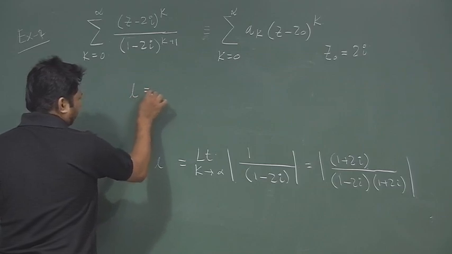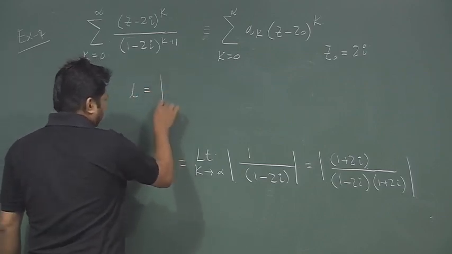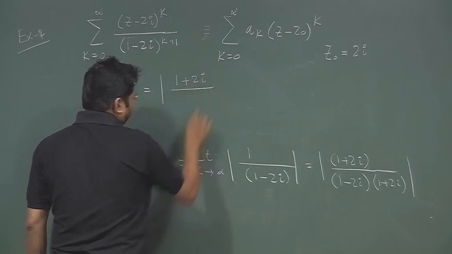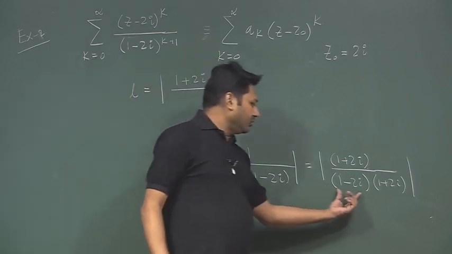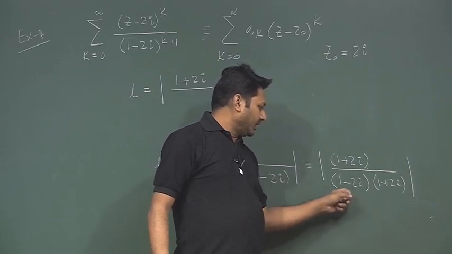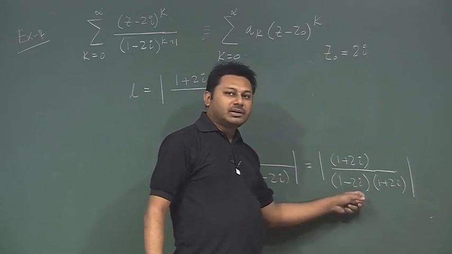So, L is mod of (1 plus 2i) divided by (a plus b)(a minus b). It is a squared minus b squared. So, a squared is 1, b squared is 4.